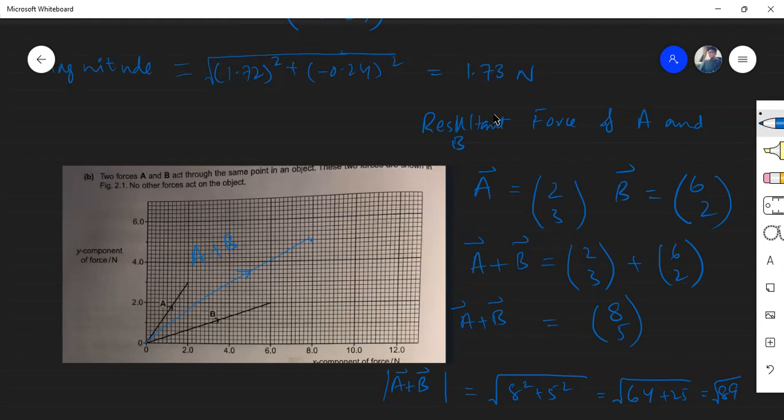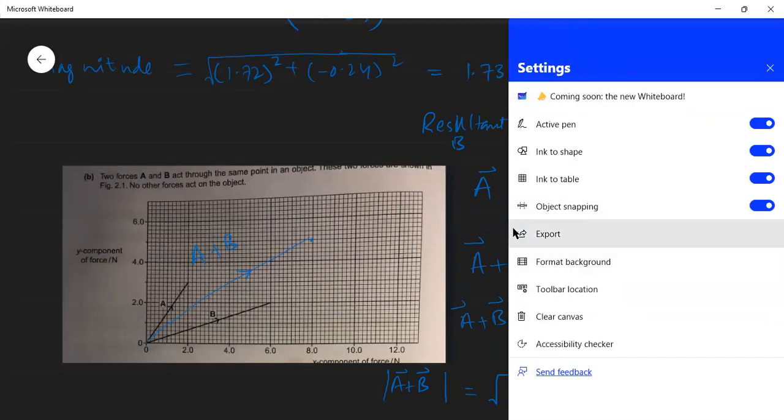All right. So I think we've done most of what's required, and what I would like you to do is revise this concept. I will email you this whiteboard and we'll make sure that you keep practicing.